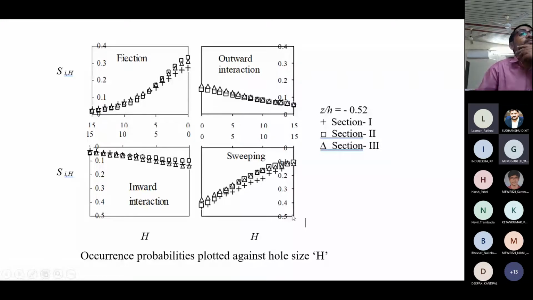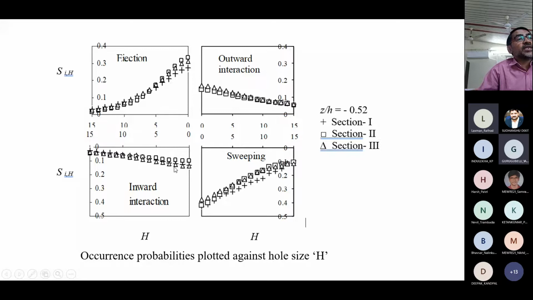So you see here, outward interaction is here, this one, sorry, 0 is here. When h equals to 0, it has a value of about 0.18 or 0.2, 20%. As you increase this h value, this is reducing like this. Similarly here, from 0 to 15, ejection is maximum at 0 value, around 30%, and then it is reducing to somewhere near 5%.